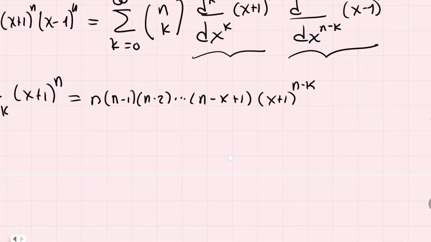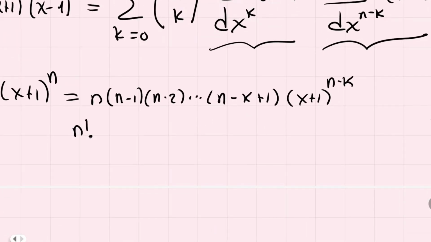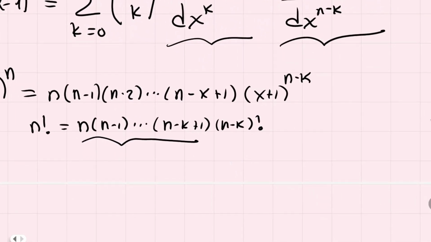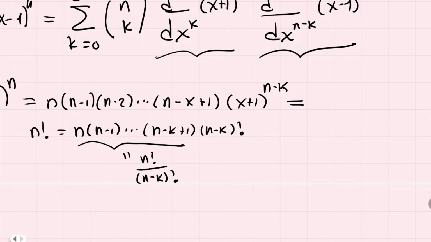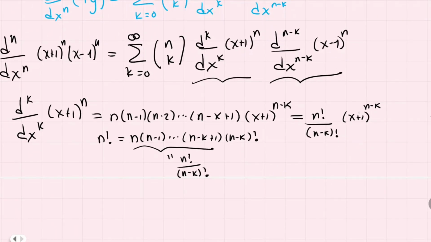So again, we can say that n factorial is equal to n times n minus 1 all the way up to n minus k plus 1 times n minus k factorial. So all this is going to be equal to n factorial over n minus k factorial times x plus 1 to the n minus kth power. Okay, so that will be this term that we have here.